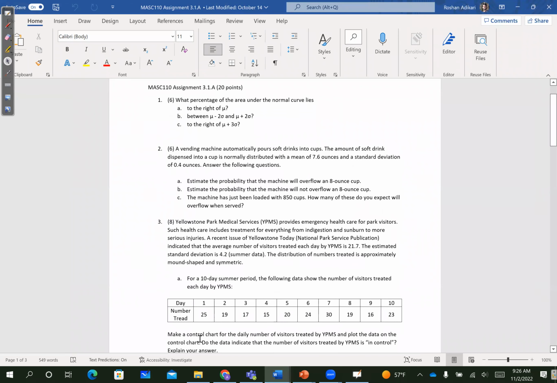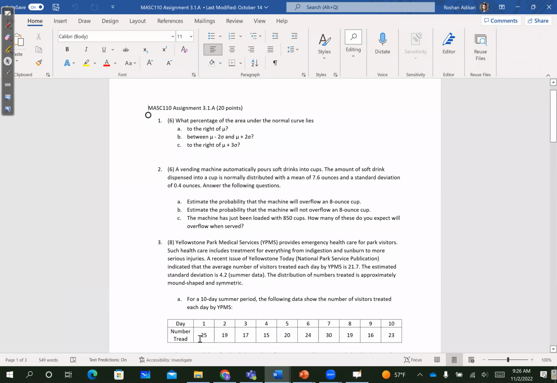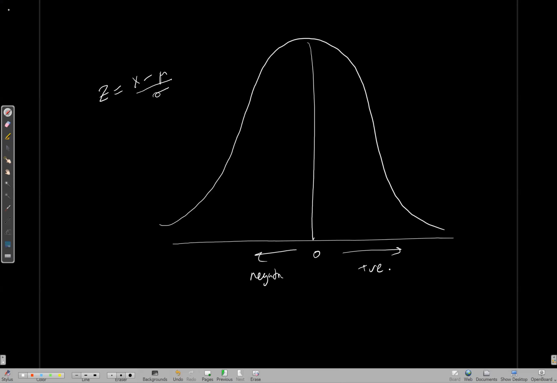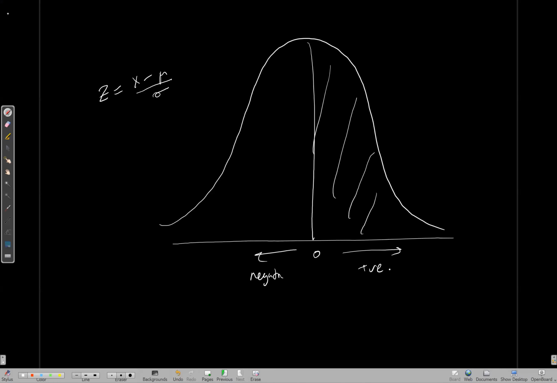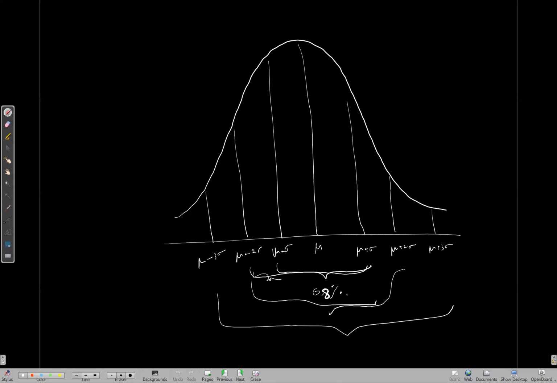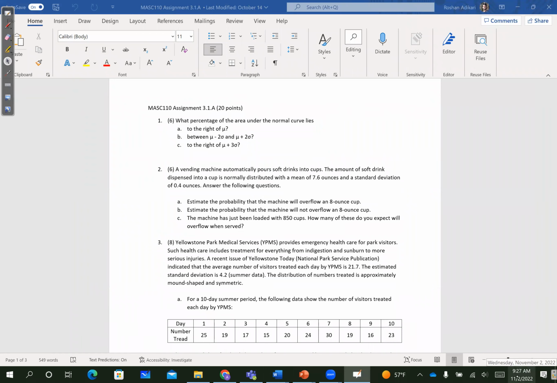And so let's see, to the right of mu, that's actually straightforward. To the right of mu, that's 50%, right? 50% to the right of mu. And between mu minus 2 sigma and mu plus 2 sigma, that is the value that I showed you earlier in the slide.